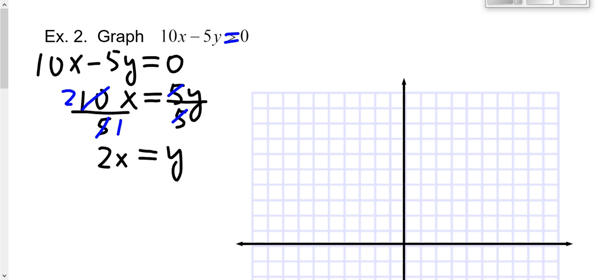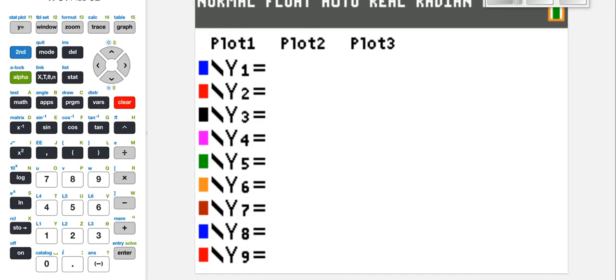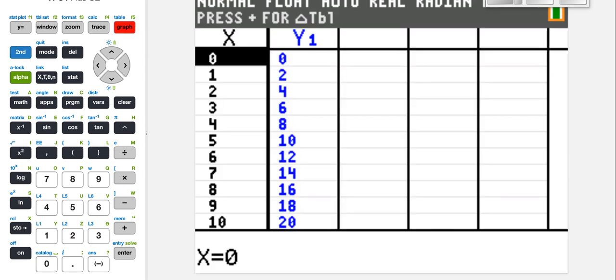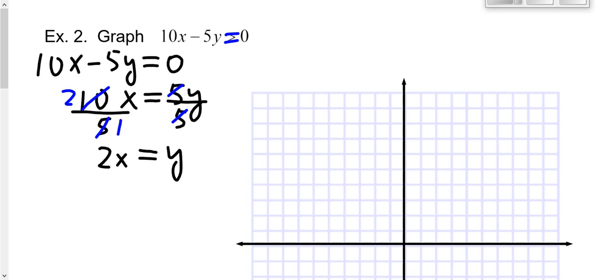So let's graph this. Y equals 2x, graph. Okay, so once again, you can take advantage of the graphing calculator second graph to get the table of values. Just plot a few good points.